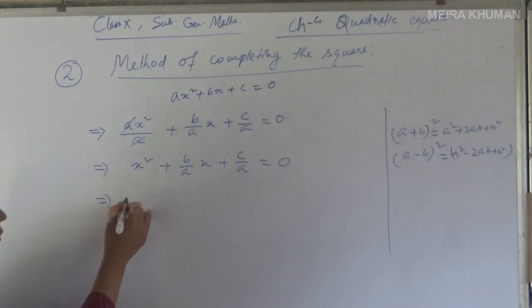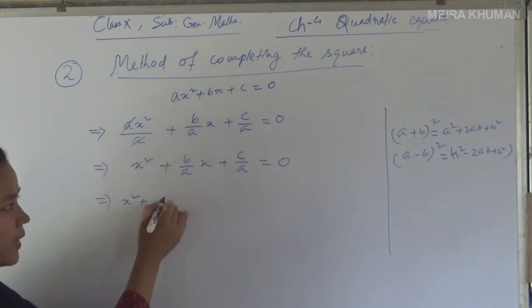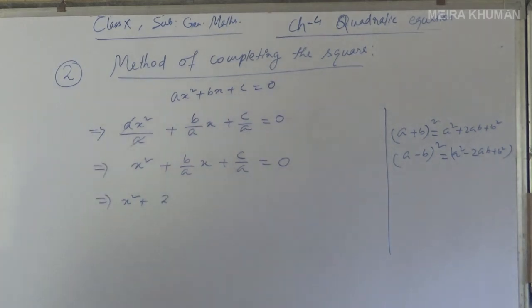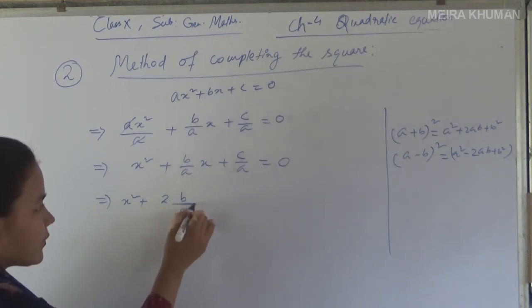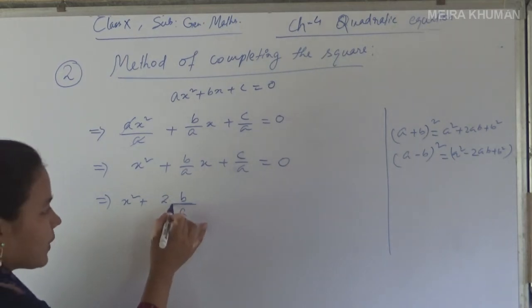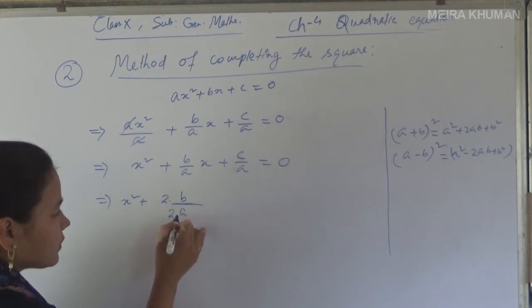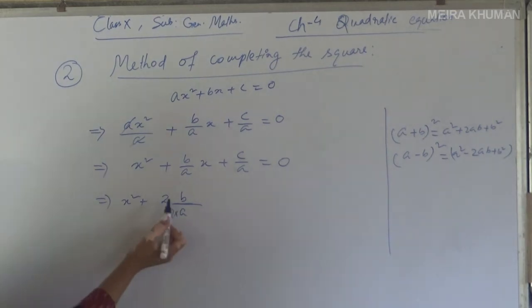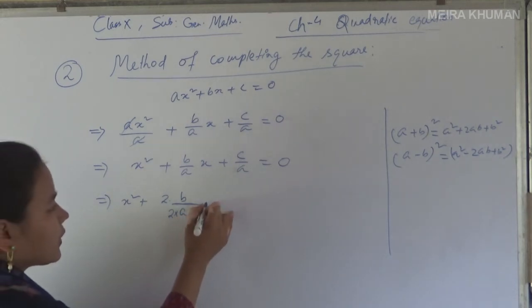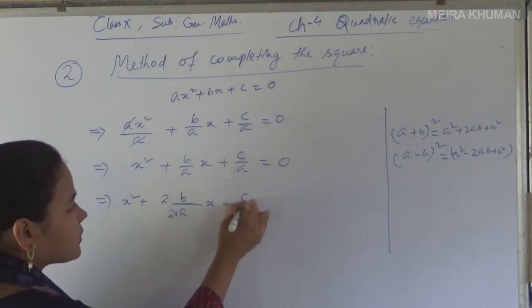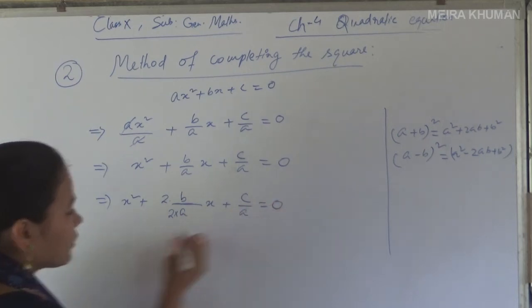So here, x² plus, if you multiply here by 2, then 2 by a, and again you should divide by 2 here. See, you are multiplying the numerator by 2, and dividing by 2. Again here x plus c by a equal to 0.